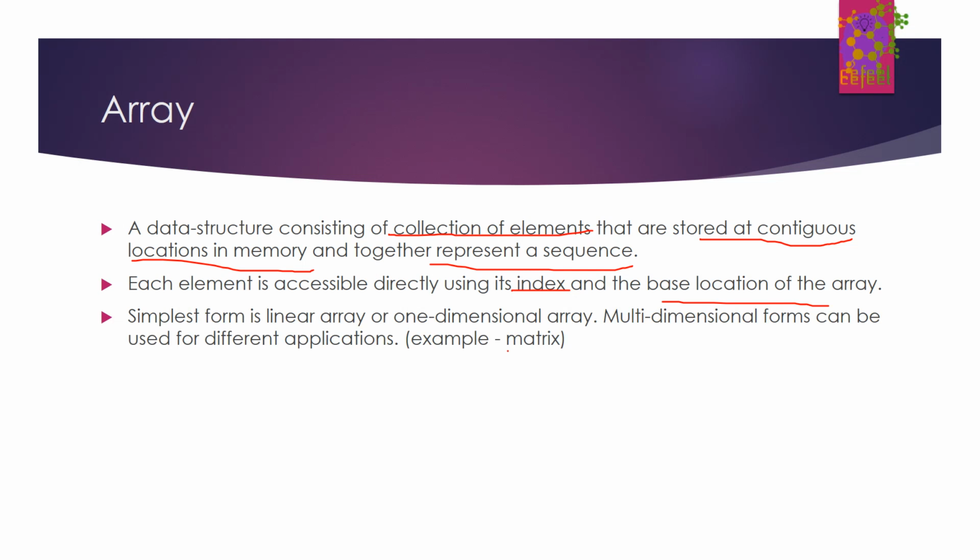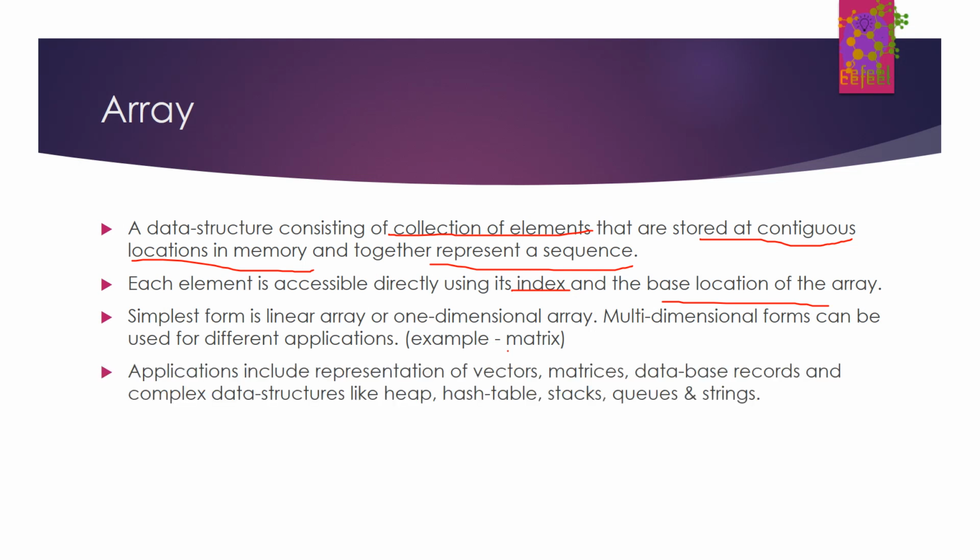The simplest form of an array is a one-dimensional array, which means it's just a single dimension. Multiple dimensional forms are also possible, say a matrix, which is a two-dimensional array, and three-dimensional arrays, and similarly n-dimensional arrays, and they have applications in computer science in a variety of fields.